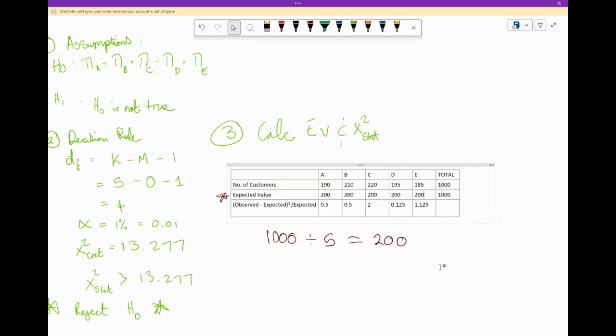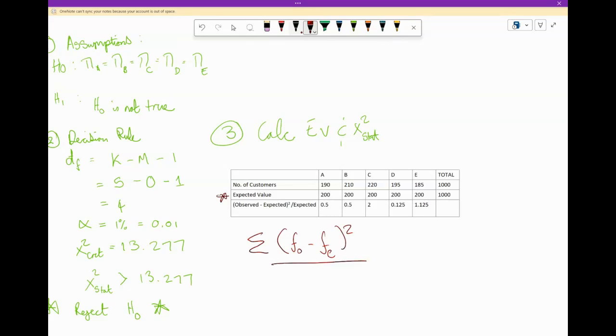We've gotten that. Now, after getting that, we then say, we now need to calculate our chi stat. But we can't just do that because remember the formula is we need the summation of what? The observed minus your expected, squared, divided by your expected. We want the sum of that.